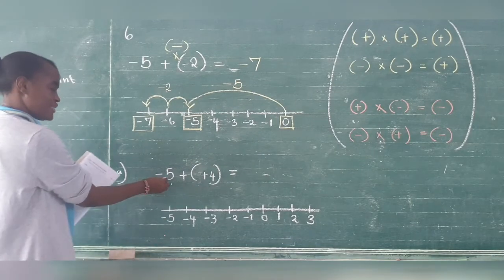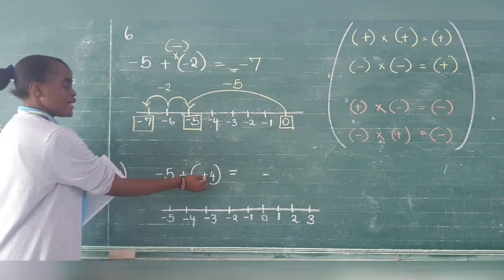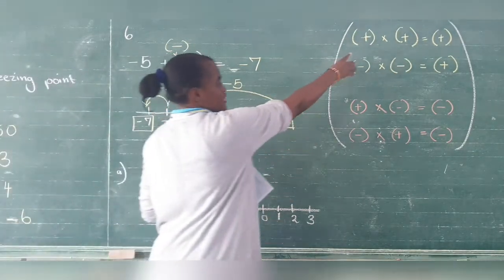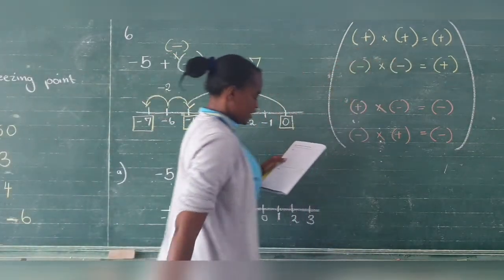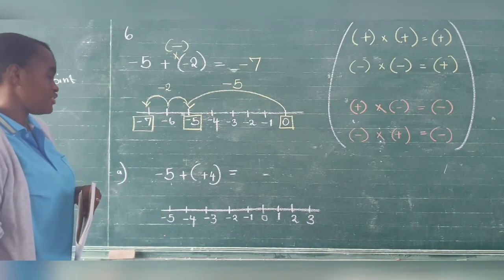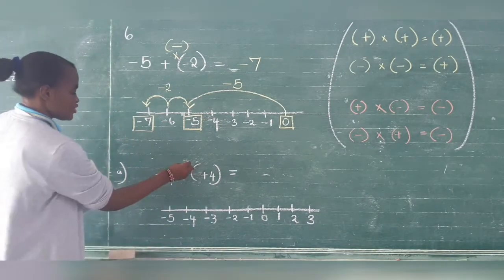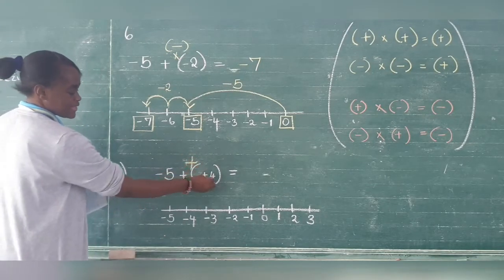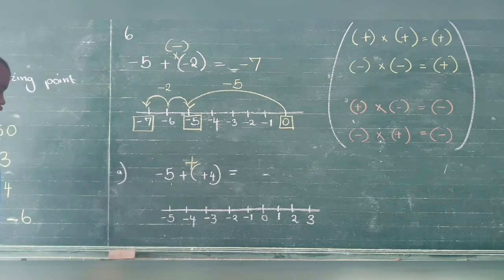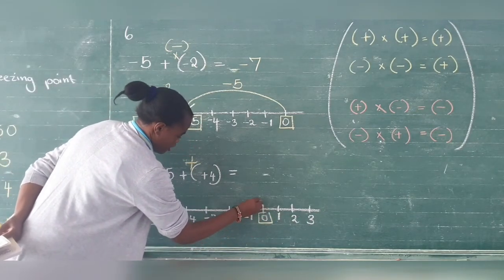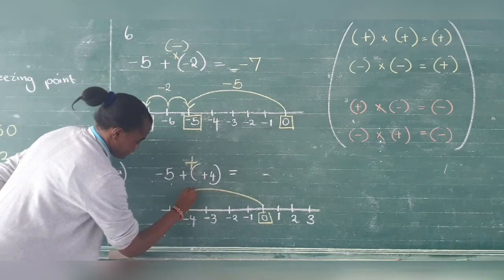Okay, let us try number 8. We have negative 5 plus positive 4. We check. Positive times positive equals positive. So here we are going to plus. Negative 5 plus 4. We start from 0. From 0, we go to negative 5.